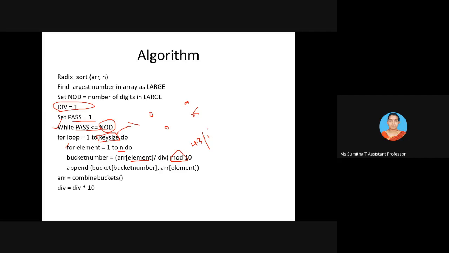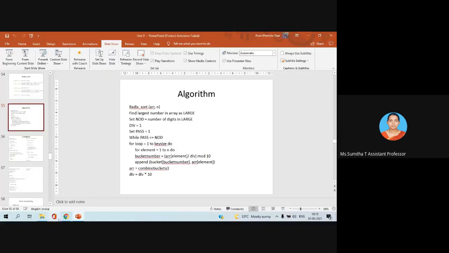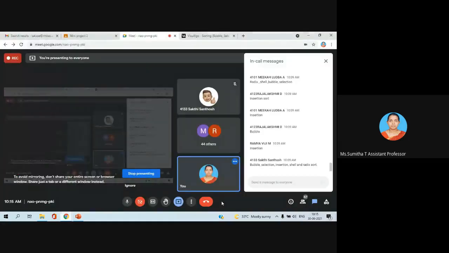Then mod again with that 43, the modulo operation gives the remainder, right? Mod 10. So what is the value of 43 mod 10?